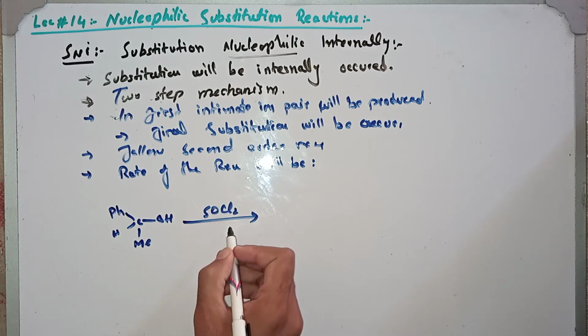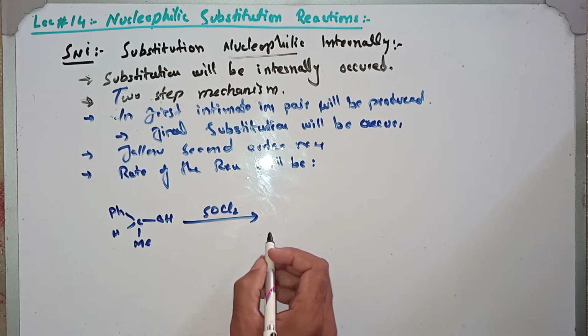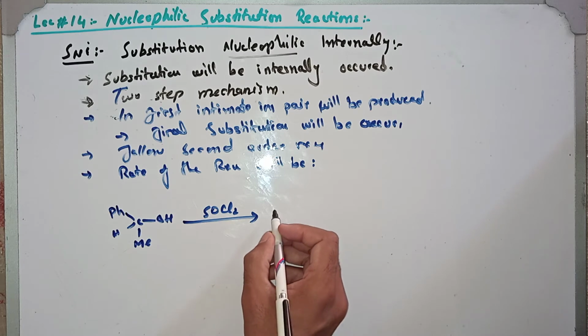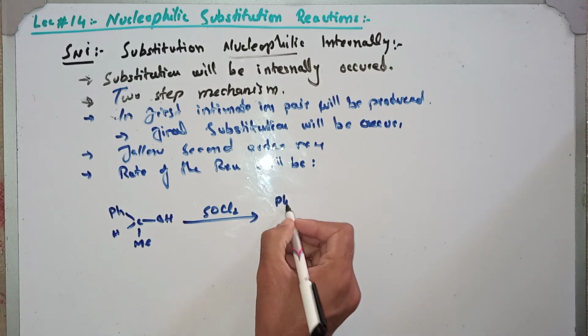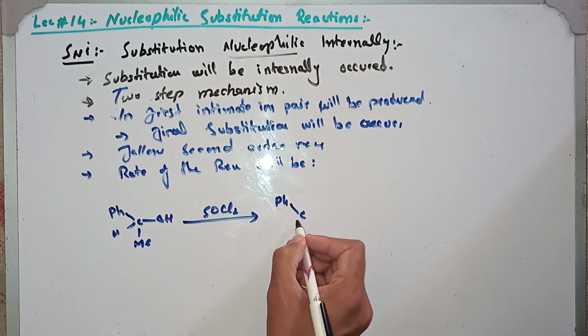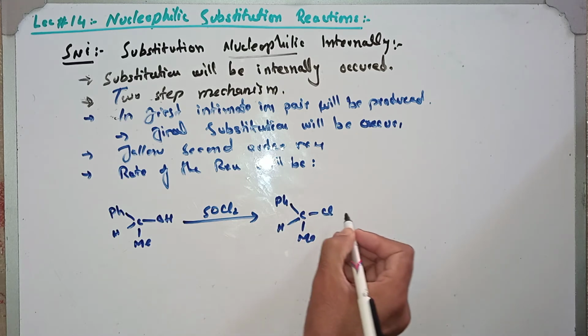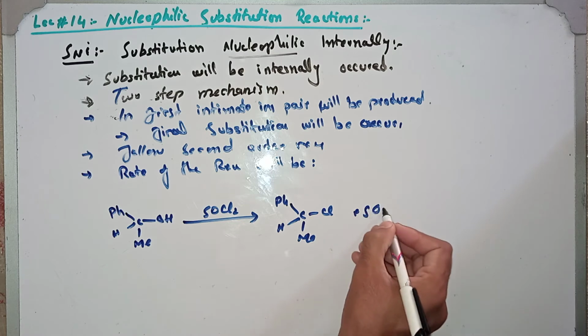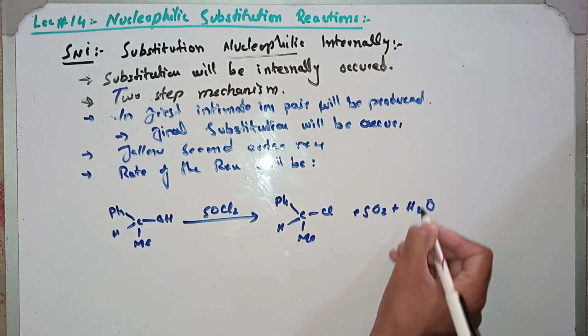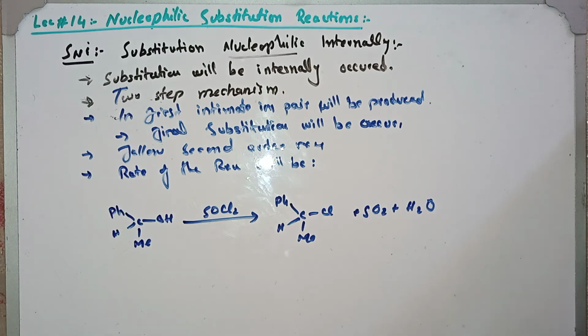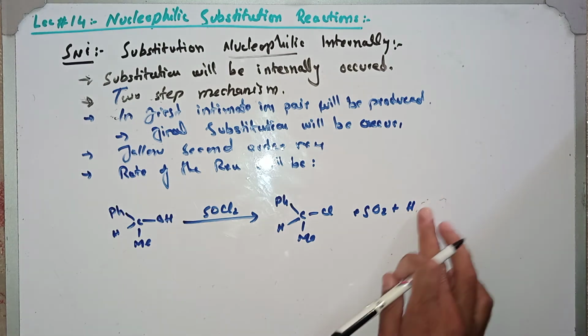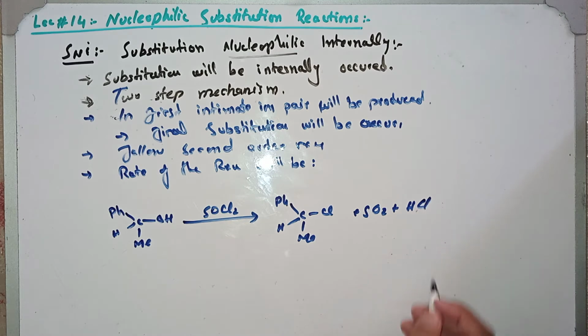In the presence of SOCl2, it will produce the final product plus SO2 plus HCl. It will generate this product.